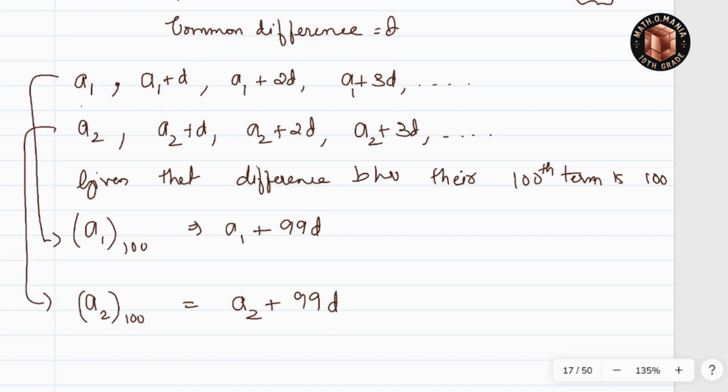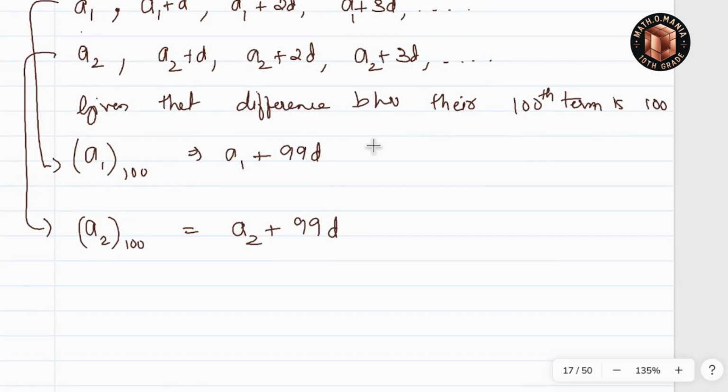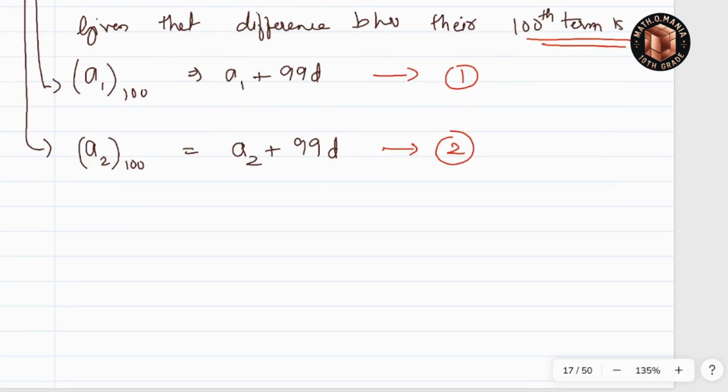Now what are they telling? If this one is my equation 1 and this is my equation 2, their difference is equal to 100. That is, A1 plus 99D minus A2 plus 99D equal to 100.